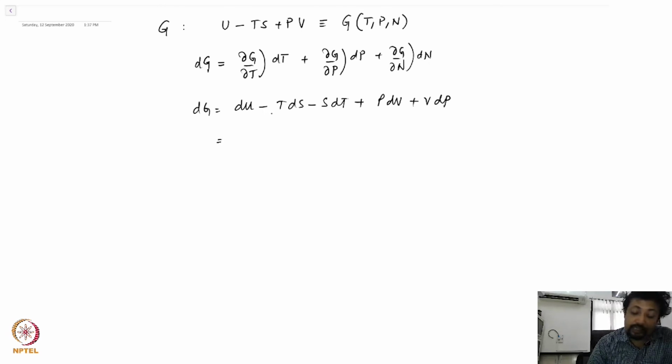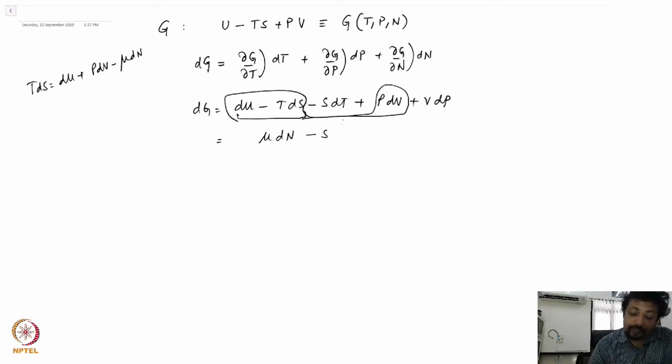So TdS is dU plus pdV minus mu dN. So this quantity becomes mu dN, minus, together with this one, dU plus pdV. This becomes minus SdT plus Vdp.